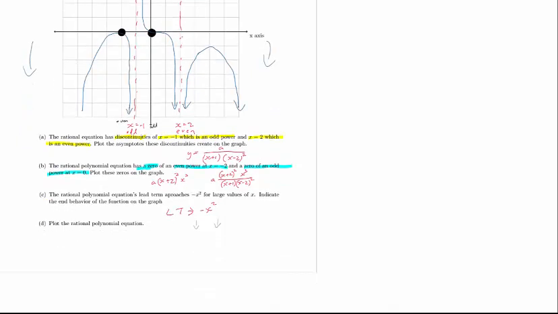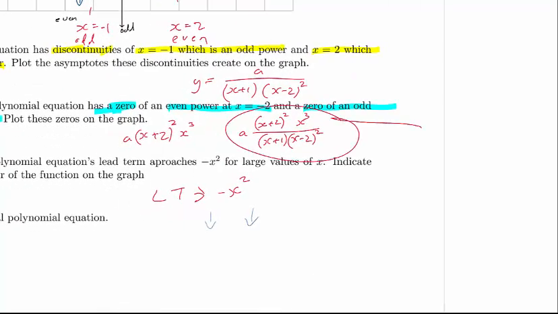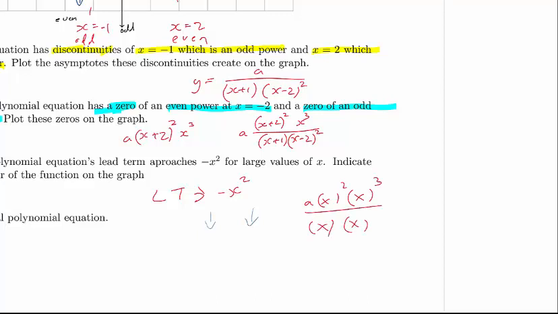Now let's go ahead and figure out what form this function actually takes that follows all of these behaviors. So first off, let's calculate the lead term of this guy right here. Right, so lead term of the top over lead term of the bottom, we have a times x squared times x cubed all over x times x squared, where once again this x squared comes from this term here.